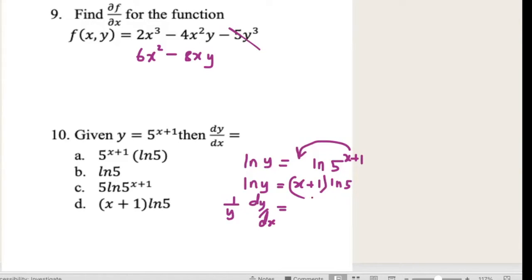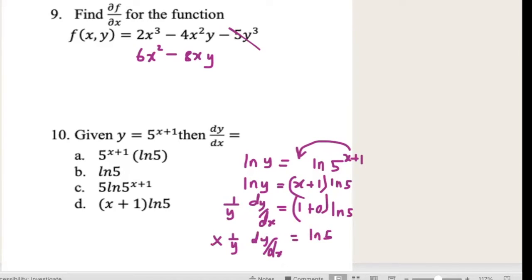So we could just differentiate this as is, to say differentiate x to get 1 and differentiate 1 would get 0. And we times it by ln 5, which is our constant. So in other words, what we will have here is 1 over y dy over dx, and ln 5 times 1, that's ln 5.